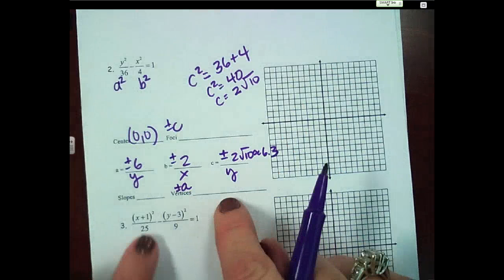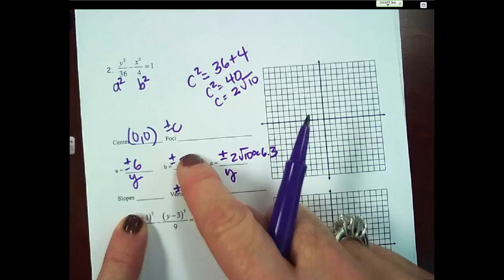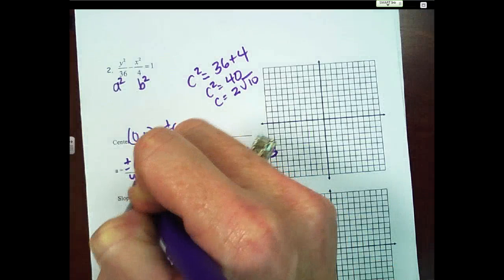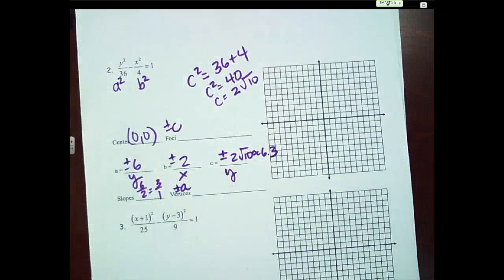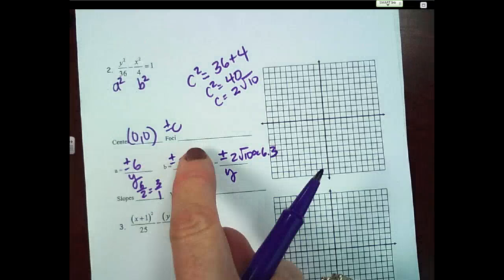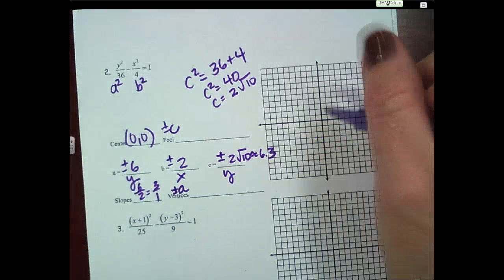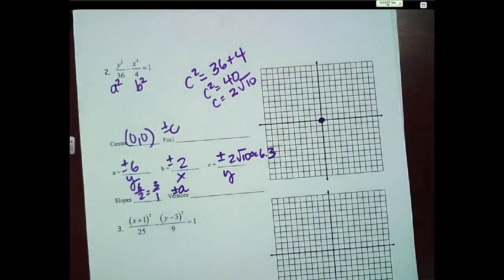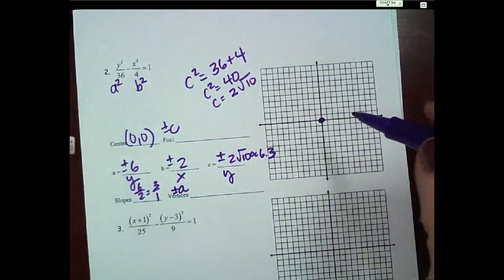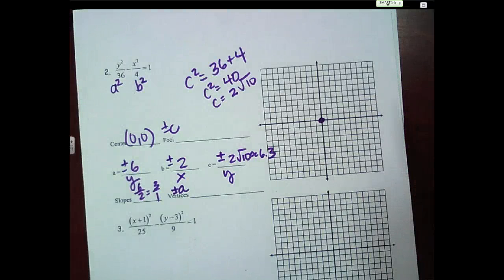Now, the slope is y over x, so 6 over 2, which is 3 over 1. Right, change in y over change in x. 6 divided by 2, 3 over 1. Now start with graphing. Center is 0, 0. And let's make our asymptotes, our X. We're going to go up 3 over 1 in every direction, make that box.